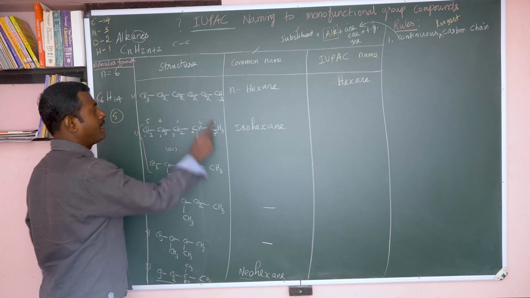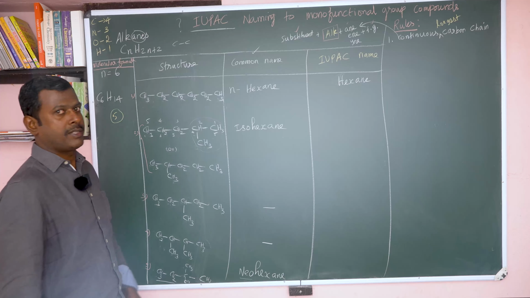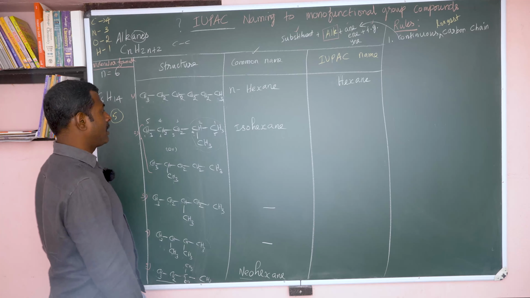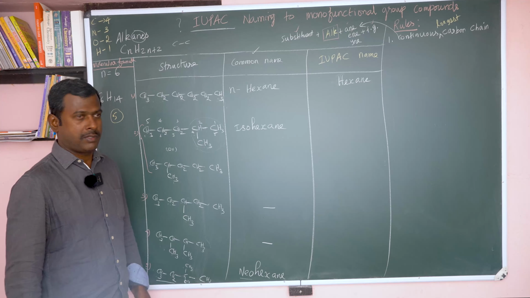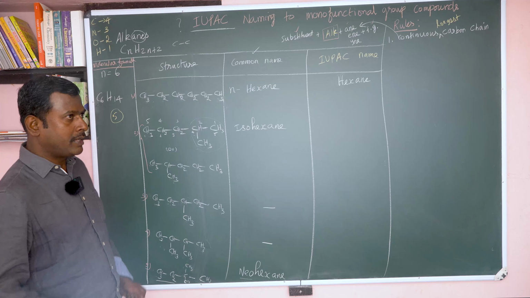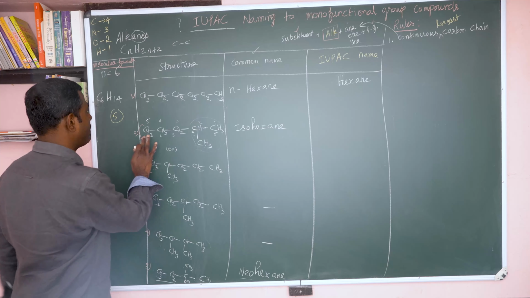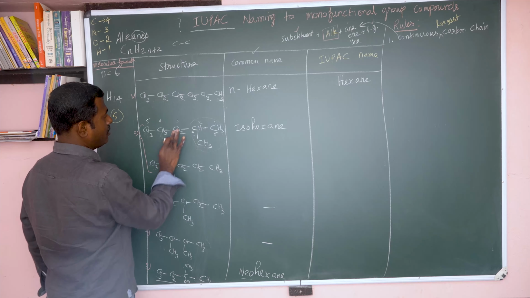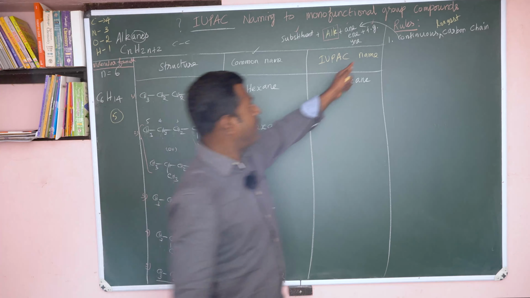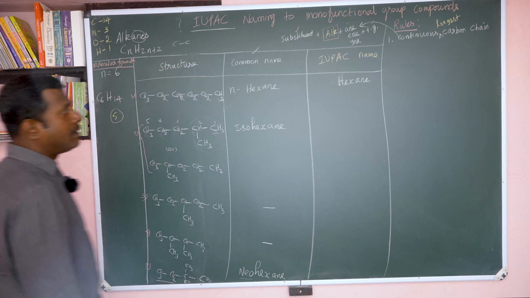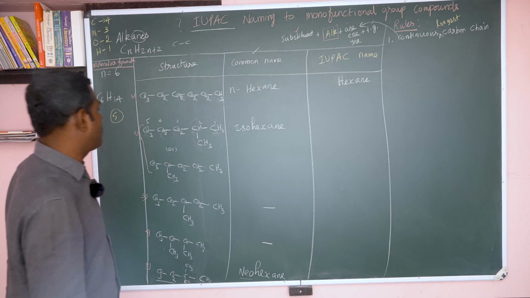So this must be the continuous longest carbon chain that we select. The long carbon chain must contain the most carbon atoms. So we have followed the first rule: we have chosen the continuous longest carbon chain.